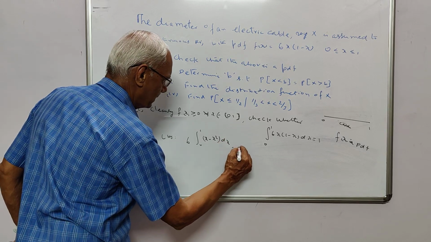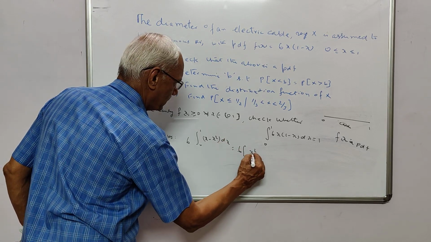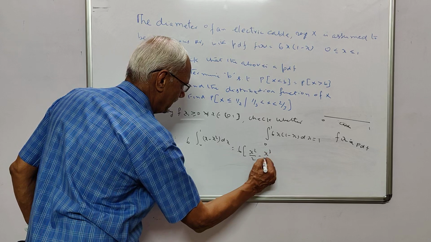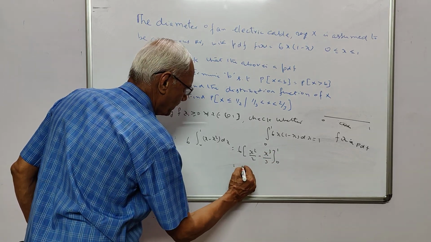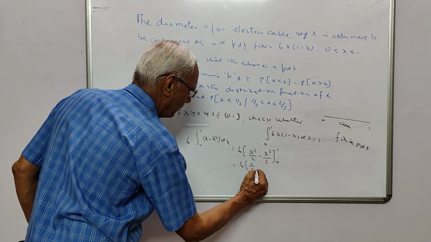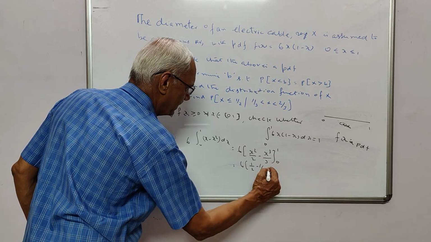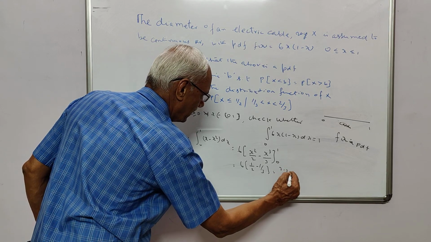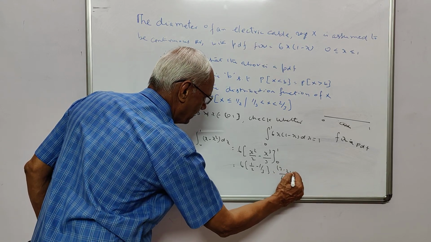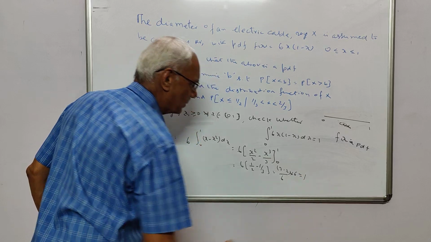So 6 into x squared by 2 minus x cubed by 3, from 0 to 1. So 6 into half minus a third; if you put x equal to 0, it is 0. So this is 3 minus 2 divided by 6, into 6, that is equal to 1.